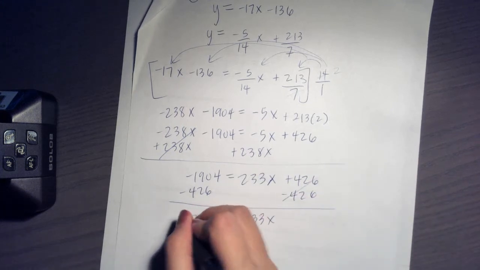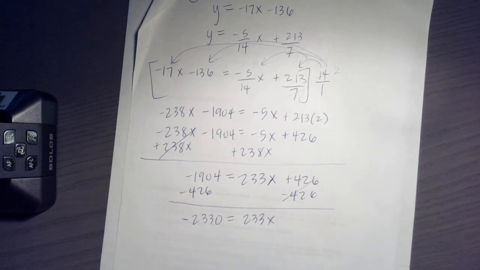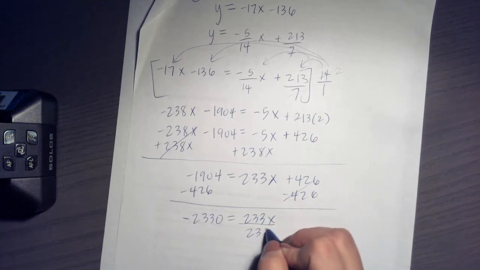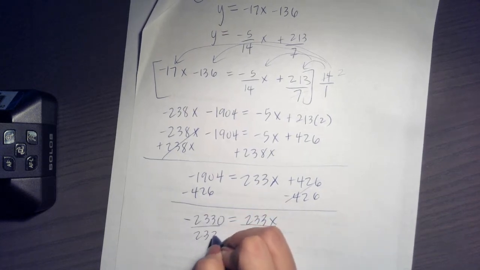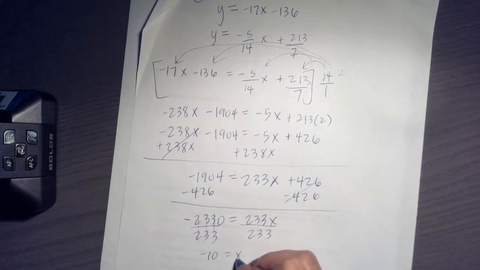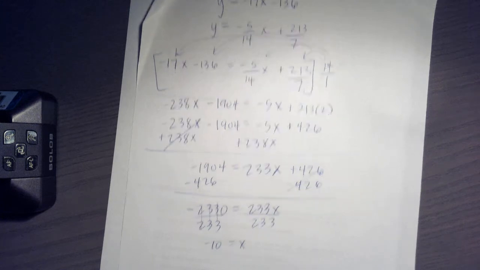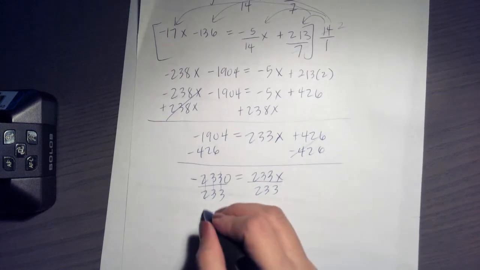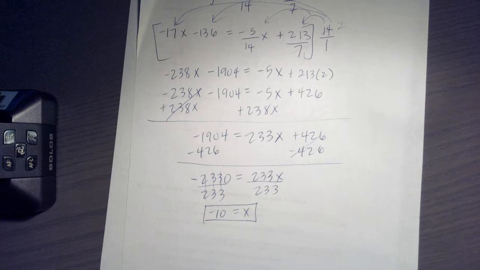And then it's going to be negative, and then I'm going to divide by 233. If I divide by 233, these all cancel, so you just get negative 10. That is your answer for x, negative 10. Crazy, right? All that work just for that.